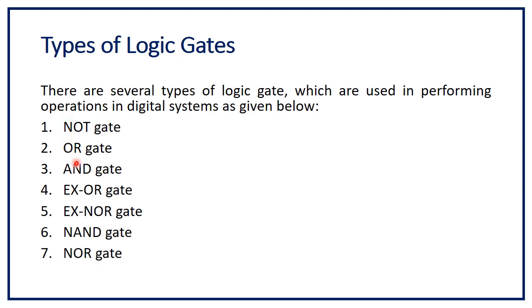NOT, OR, and AND are the basic logic gates. XOR and XNOR are the derived gates. NAND gate and NOR gate are called universal gates. So we can say logic gates are divided into three categories: basic gates, derived gates, and universal gates.